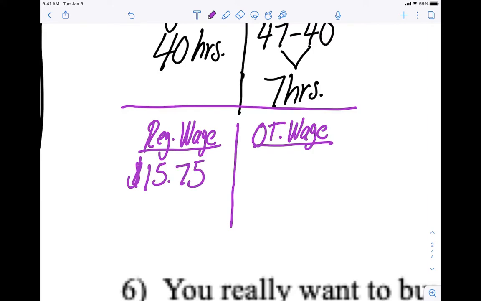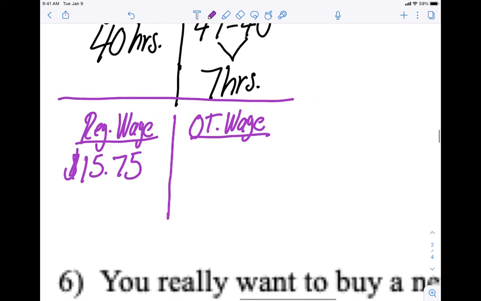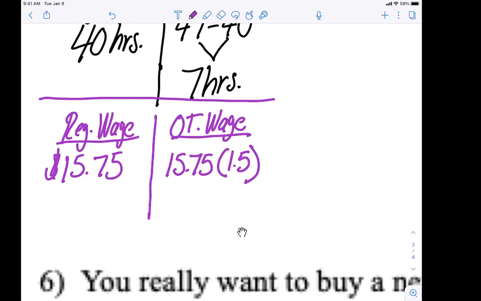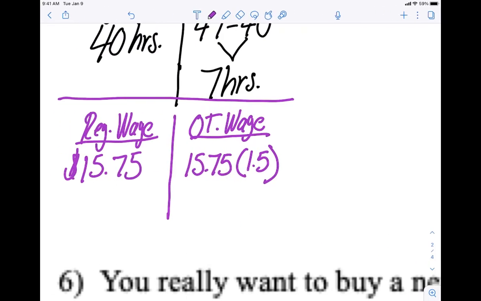To figure out the overtime, you take what they regularly make, $15.75, and multiply by 1.5, and that is in the notes as well. Overtime rate is your regular rate times 1.5.